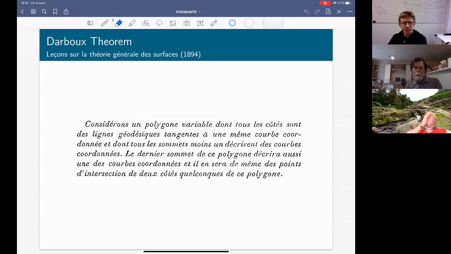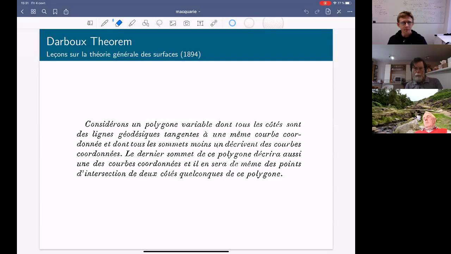To my knowledge, Darboux was the first one to see this billiard connection with the Poncelet theorem, and he was the first one to consider higher dimensional generalizations of Poncelet theorem. These results of Darboux were fairly forgotten by modern mathematicians until we found them maybe 15 to 20 years ago.